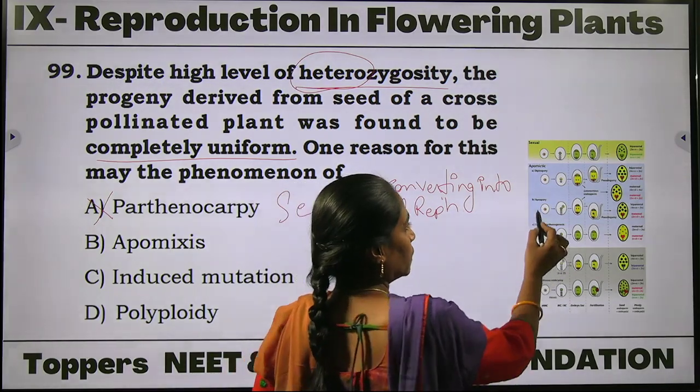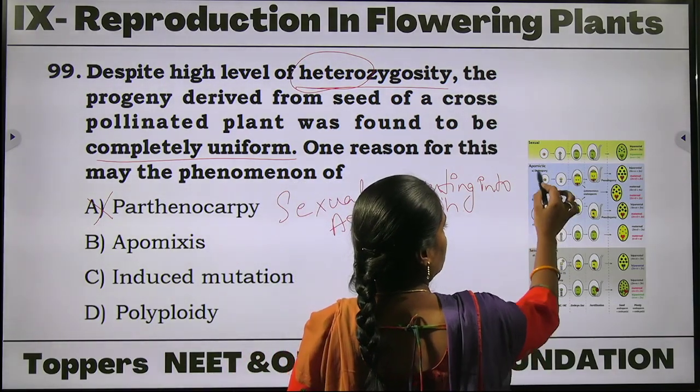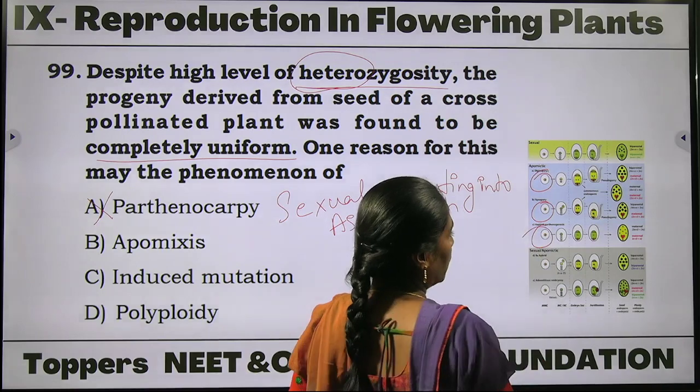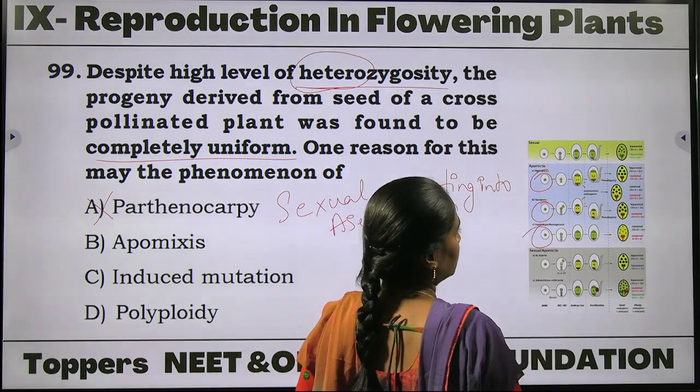So what kind of cell? Megaspore, apospory, diplospory and haplospory, parthenogenesis. Parthenogenesis we should not consider.